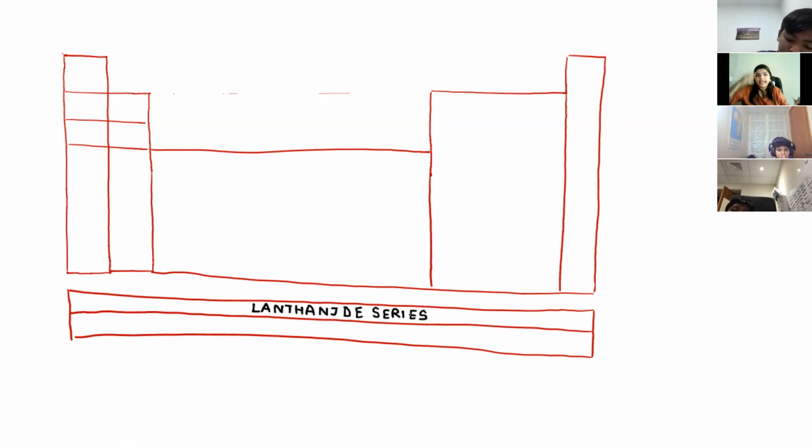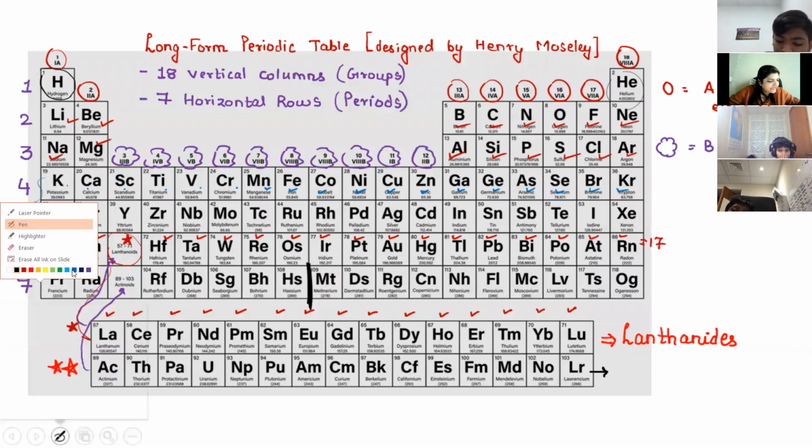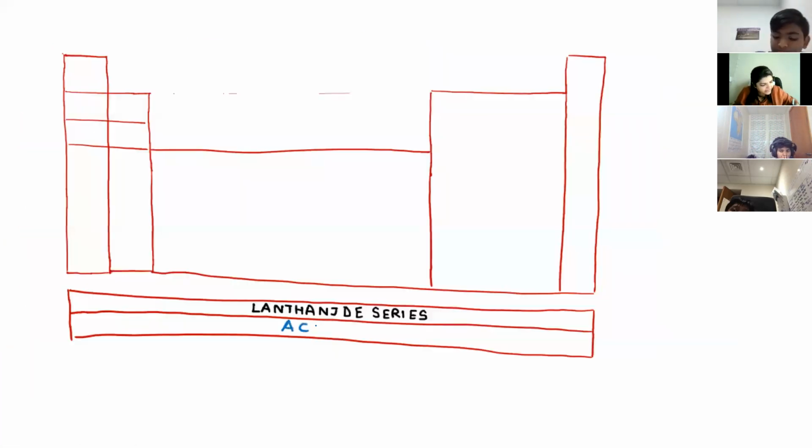And the series which is below the lanthanides, this part, is called the actinide series. Actinides. Over here they can write actinides. Now you know what actinides are?